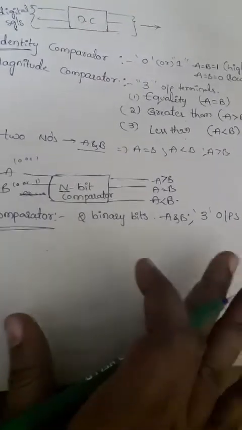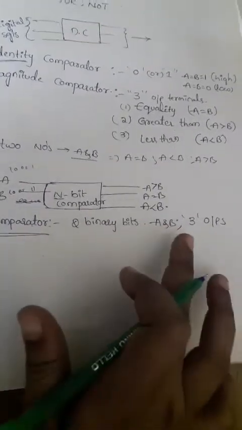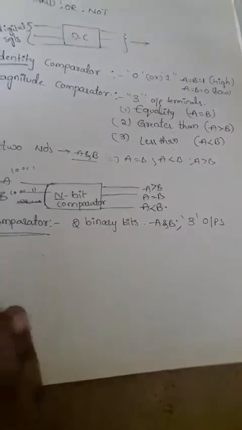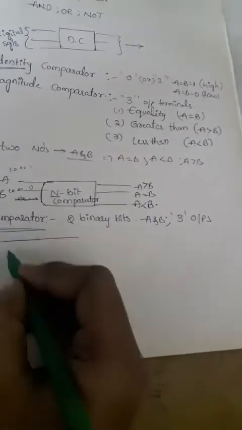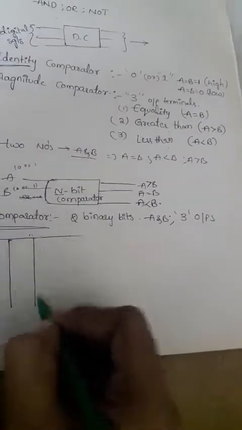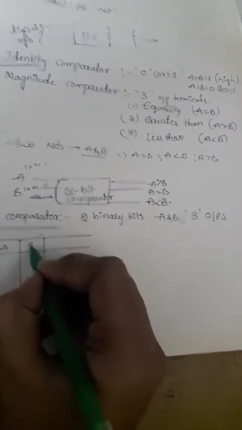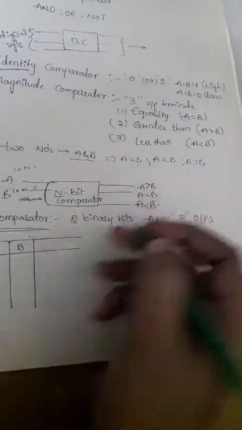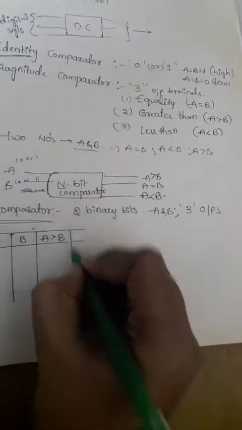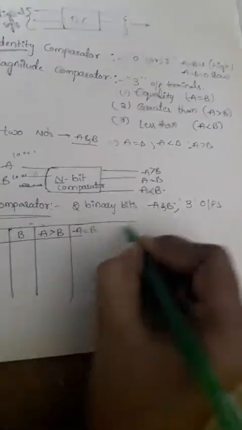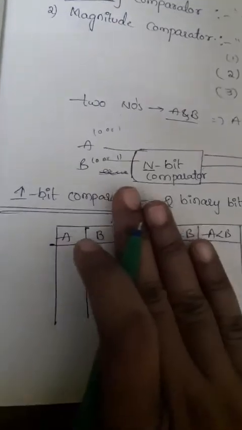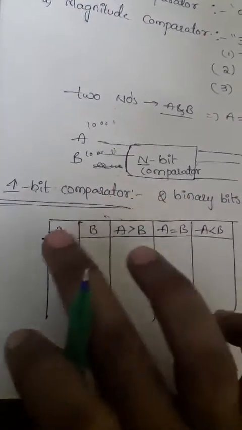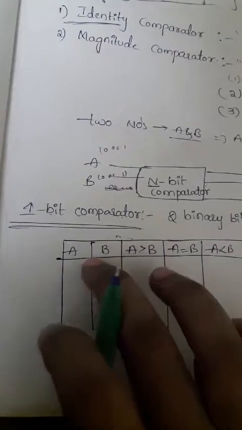Here, just observe one thing. I am taking two inputs A and B, and we have three output conditions: A greater than B, A equal to B, and A less than B. Just forget the output conditions for now.